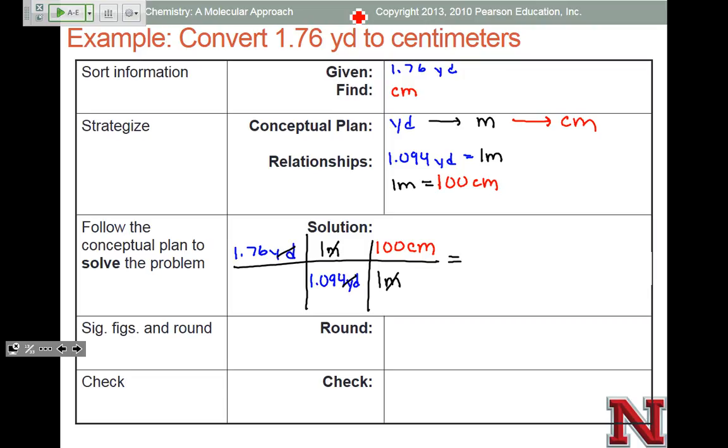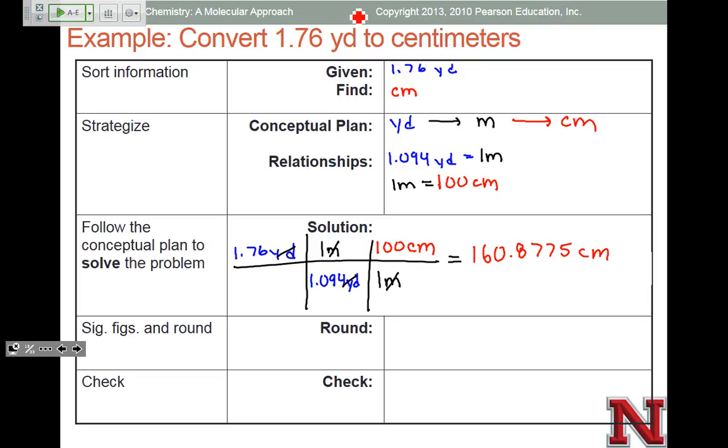So using the givens that I had, I can calculate this one, and of course everything on the top is multiplied, everything on the bottom is divided, and when I do that, I will get this number, but with the correct significant figures.